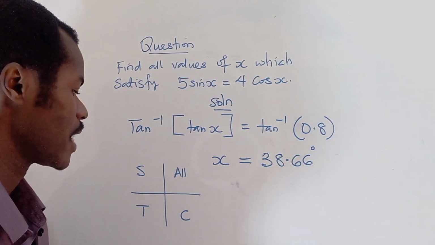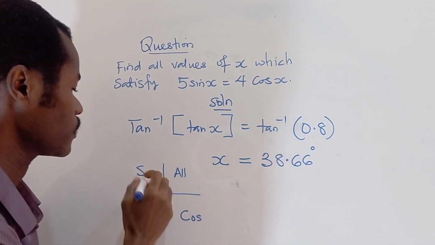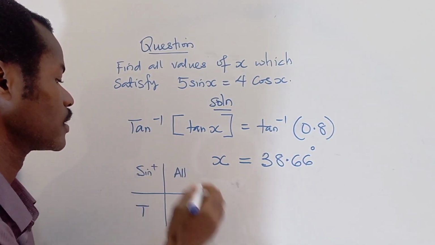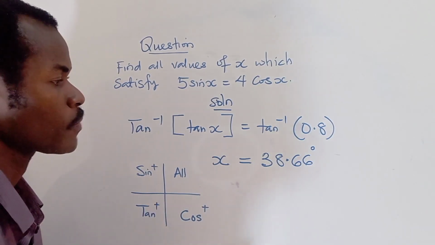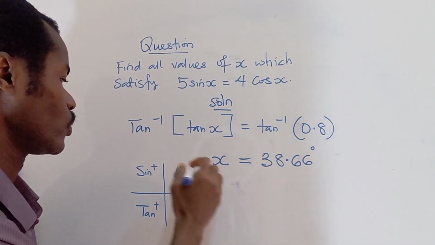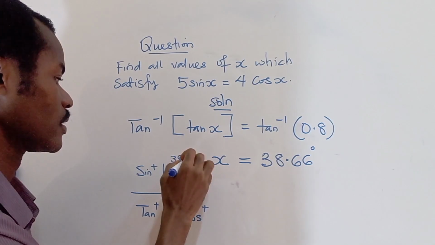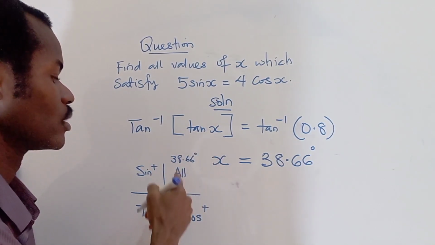Sine is positive here, cos is positive here, and tan is positive here. We've gotten x as 38.66, which is in this quadrant.